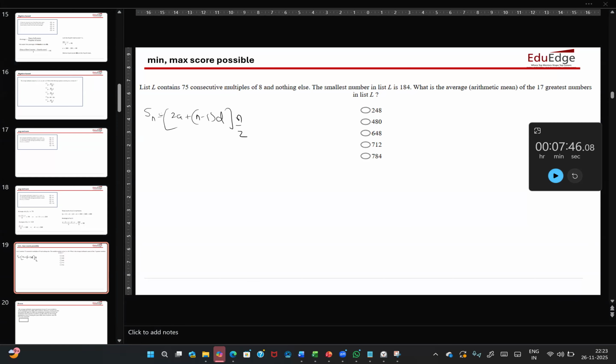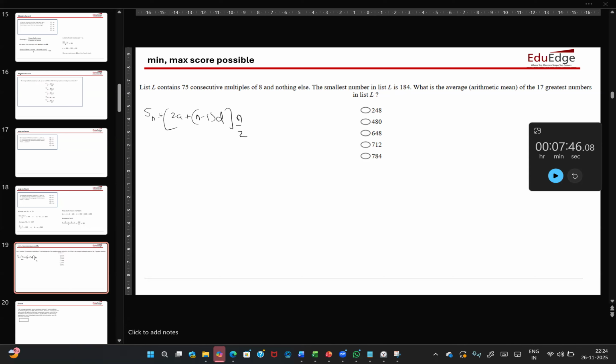There are two approaches. One is what you took, sum and then divide. So I think you took the sum twice, is it? No, so first I found the 17th greatest numbers will start from the 58th term. So will it be the 58th term or the 59th term?